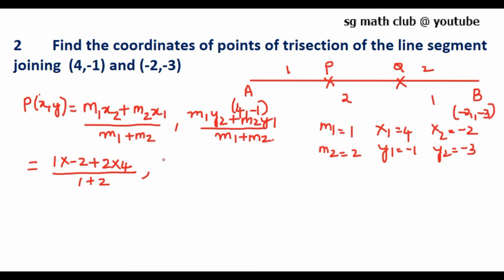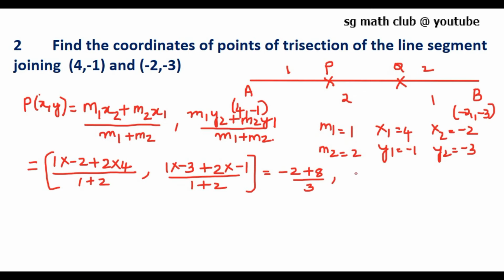In the same way, the y coordinate will be 1 into minus 3 plus 2 into minus 1 divided by 1 plus 2, which is equal to (minus 2 plus 8) divided by 3 and (minus 3 plus minus 2) divided by 3. So which is equal to 6 divided by 3 is 2 and minus 5 by 3. So the coordinates of P are (2, -5/3).